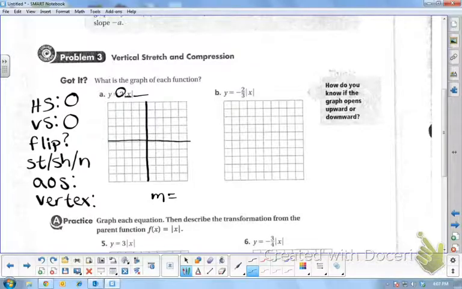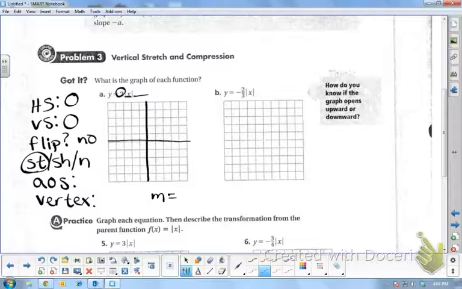That 2 is positive, so we have no flip. But that number 2 is bigger than 1, so when it is bigger than 1, it's a stretch. If it had been smaller than 1, but bigger than 0, in other words a fraction, it'd be a shrink. And if it had been 1 itself, it would be neither.